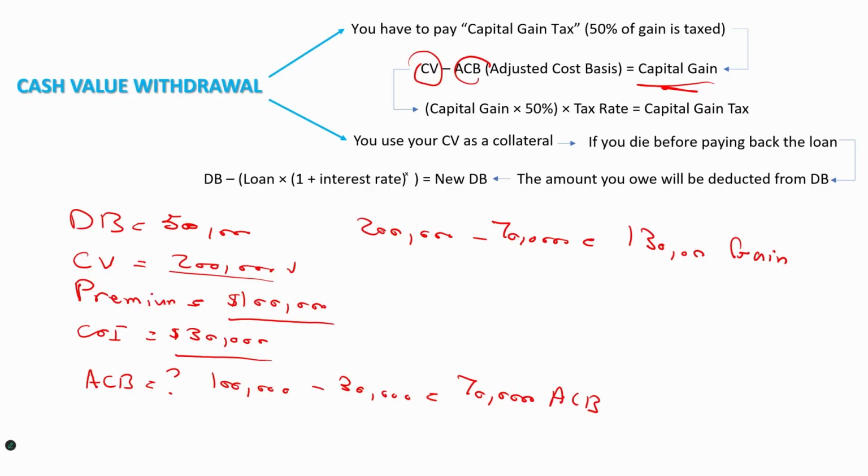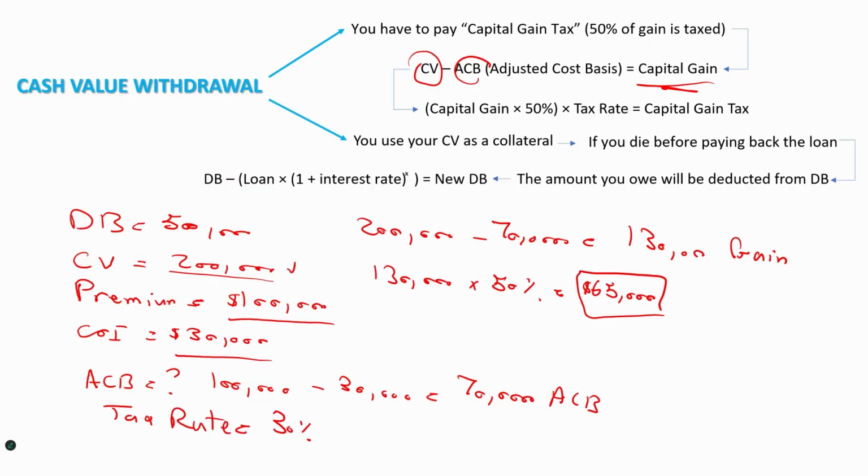Okay. So since it's a universal life policy, I have a 50% tax exempt. So I deduct 50% out of it. That's going to be $65,000, right? And I have to pay tax on this $65,000. Let's say my tax rate was 30%. So now I have to pay 30% tax on the $65,000, which is going to be, I think, 19,500.